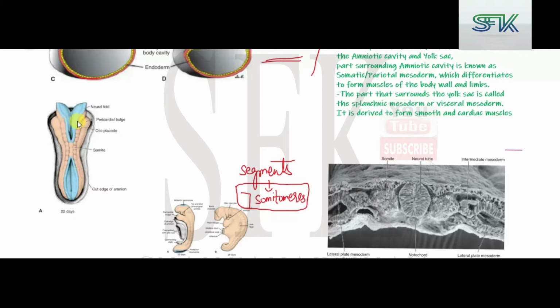These blocks, when they are present in the head region, are called the somatomeres. Over here in the head region of the embryo, 7 somatomeres are present till the occipital region of the embryo. These 7 somatomeres form the head musculature of the embryo.